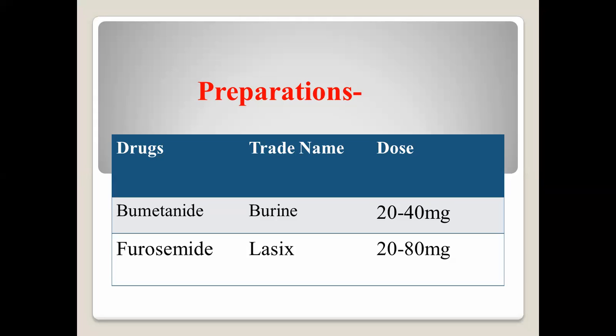The potassium level decreases in the blood. It leads to hypokalemia and hypochloremic alkalosis. Hypochloremic alkalosis means the base level increases and chloride level in the blood is decreased. So this is about the class of loop or high ceiling diuretics.